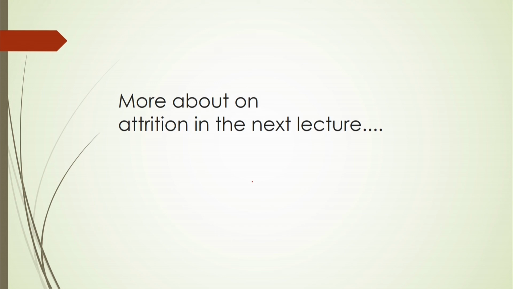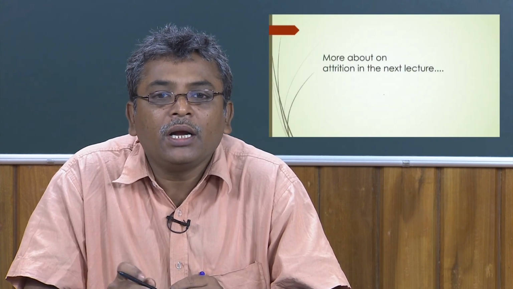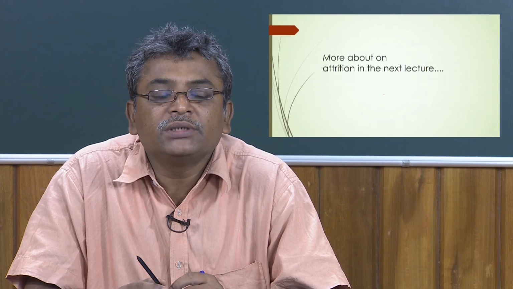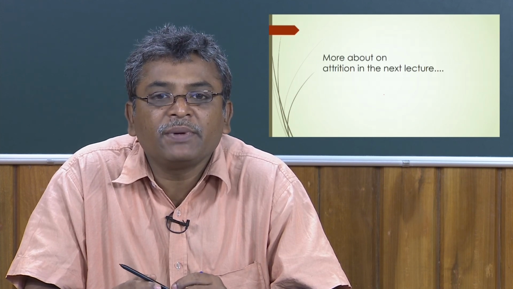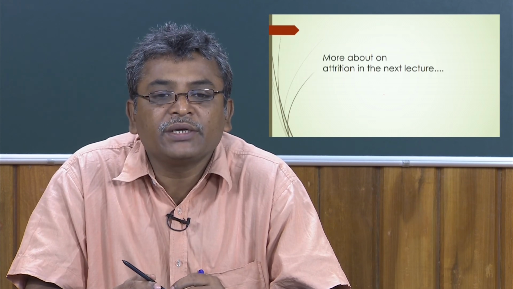So, I think we have learned something about the mechanism of the attrition process in the fluidized bed, how this attrition can be mathematically expressed, and the different tests for measuring this attrition.